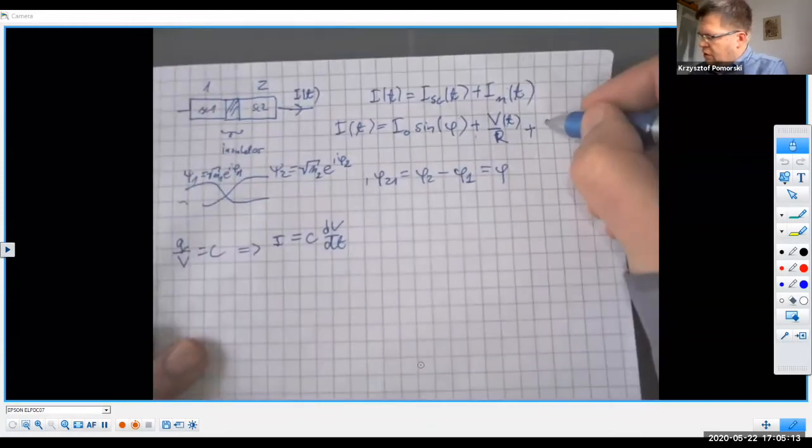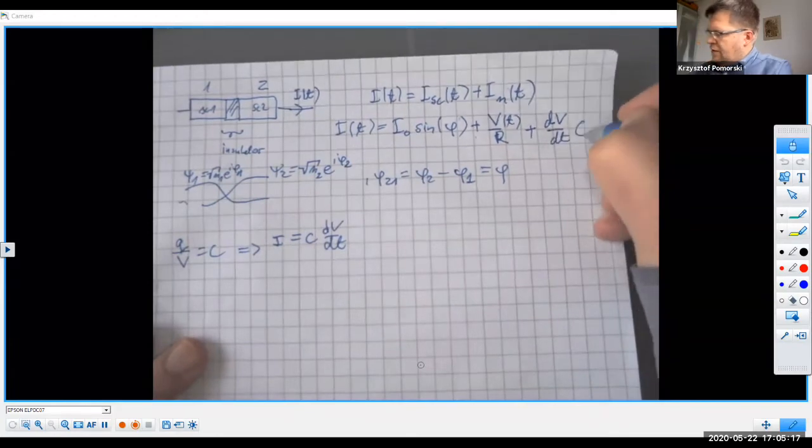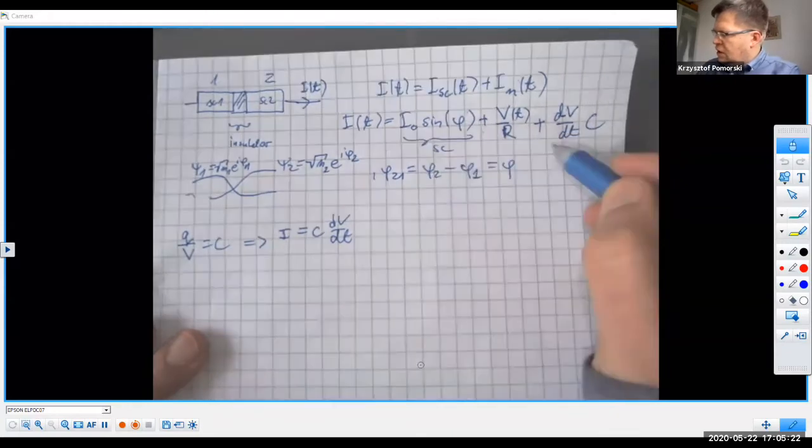Here we have a capacitance. So this is our superconducting current and normal current.